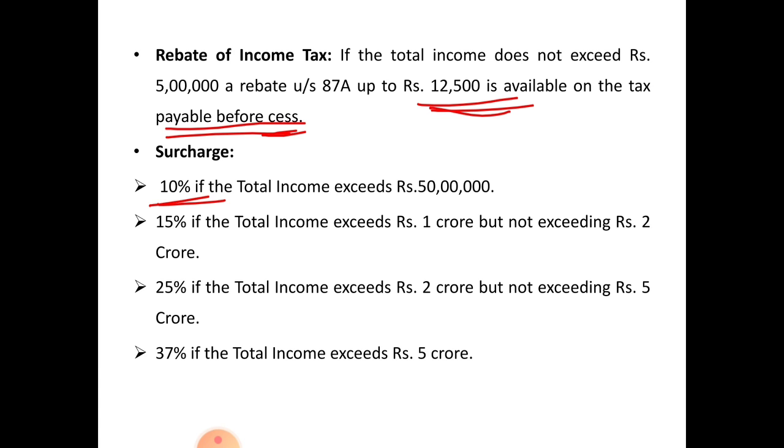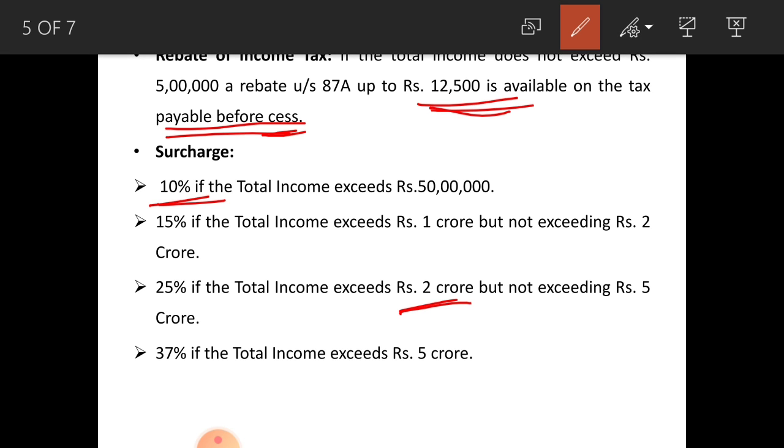If the total income is in between 1 crore and 2 crores, that is, if the income exceeds 1 crore but not exceeding 2 crores, the surcharge is payable at the rate of 15%. And if the total income exceeds 2 crores and is not exceeding 5 crores, the surcharge is 25%.